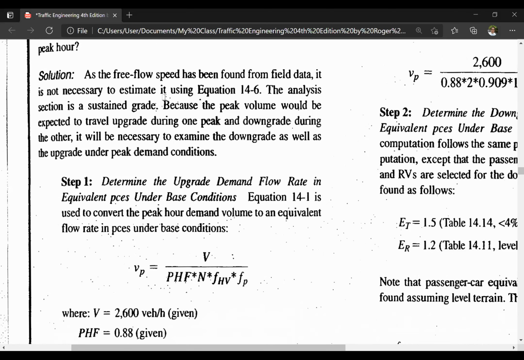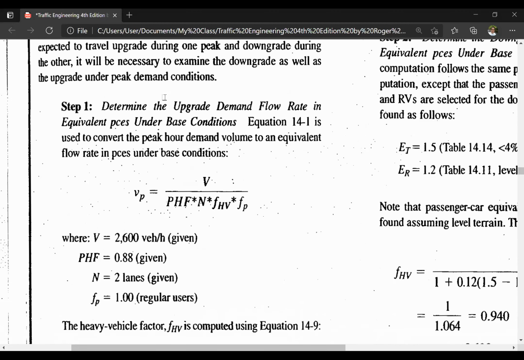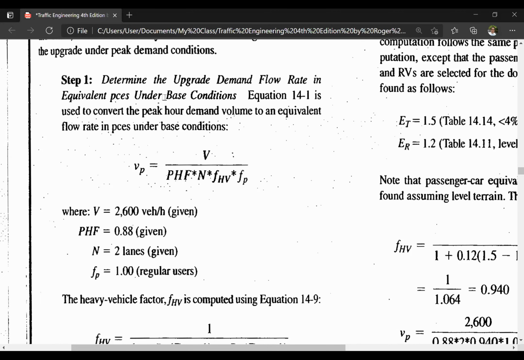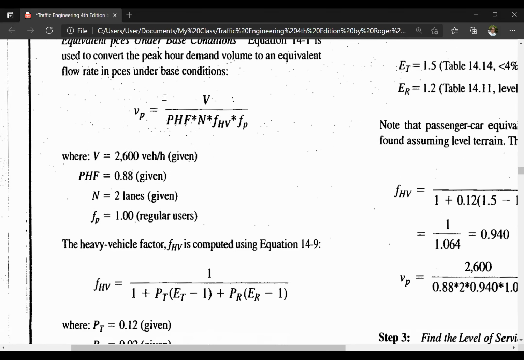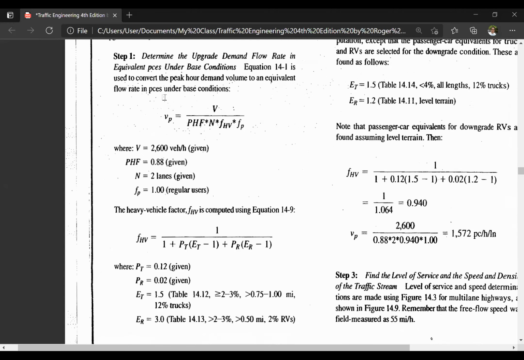Step by step, you find the demand flow rate first under the base condition. Use the equation and put the numbers in.